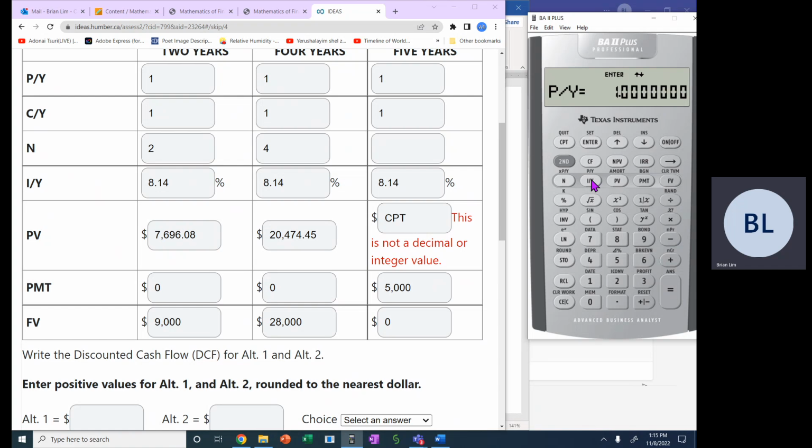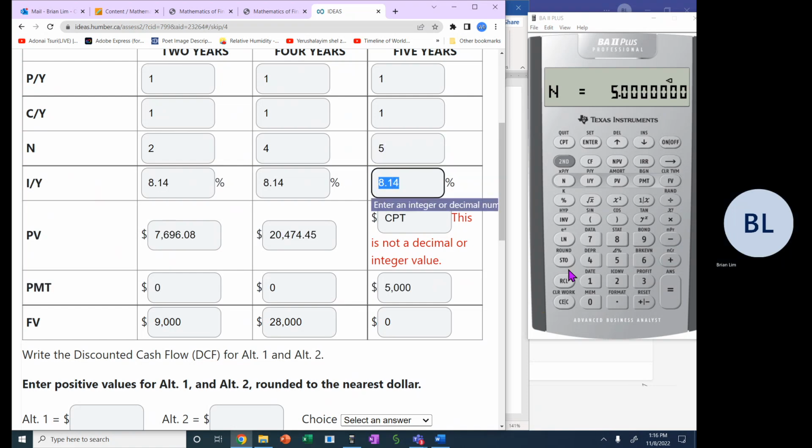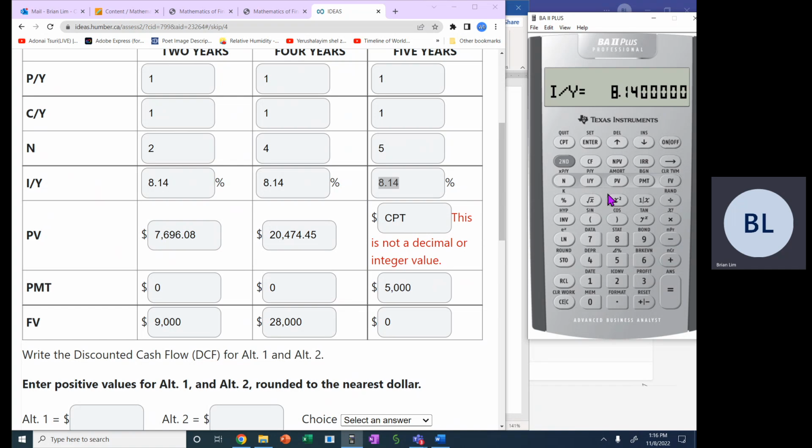So PY and CY remain the same, meaning 1, right? And then it's 5 years now, so 5 second N will give us 5 in there. The interest rate remains the same. The present value we're computing, but the payment now is 5,000.